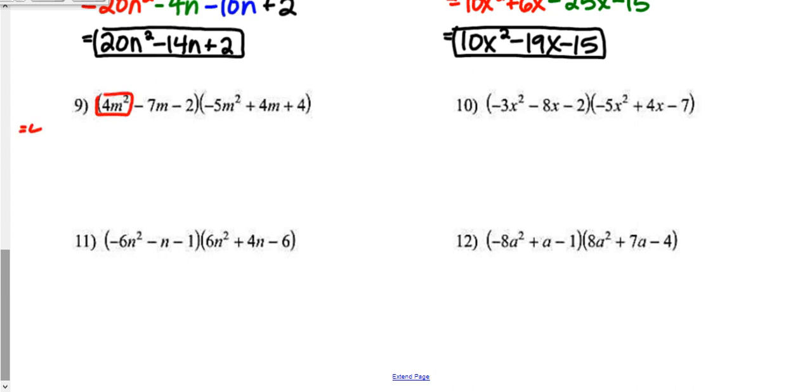So starting with a 4m squared, you're going to multiply that times all of that. And then you're going to take your middle term times all of this.